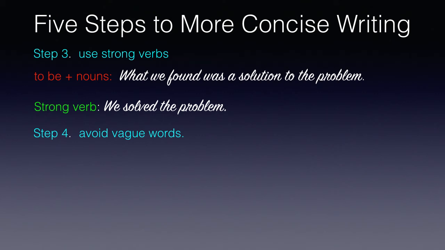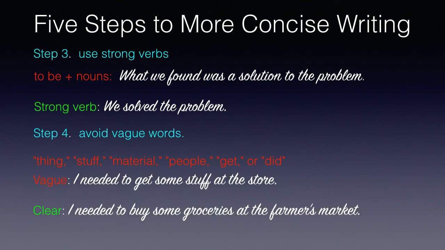Step 4. Avoid vague words. Words like thing, stuff, material, people, get, or did should be replaced with precise nouns or verbs. For example, instead of I needed to get some stuff at the store, better write, I needed to buy some groceries at the farmer's market.